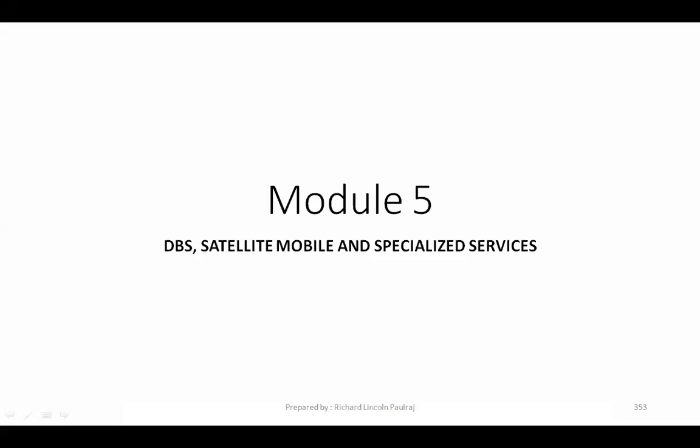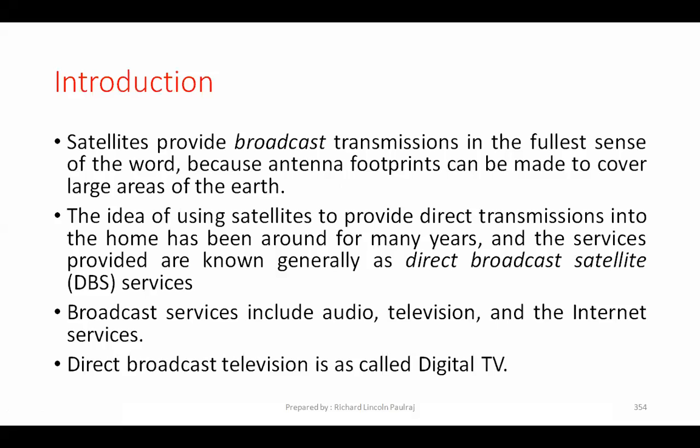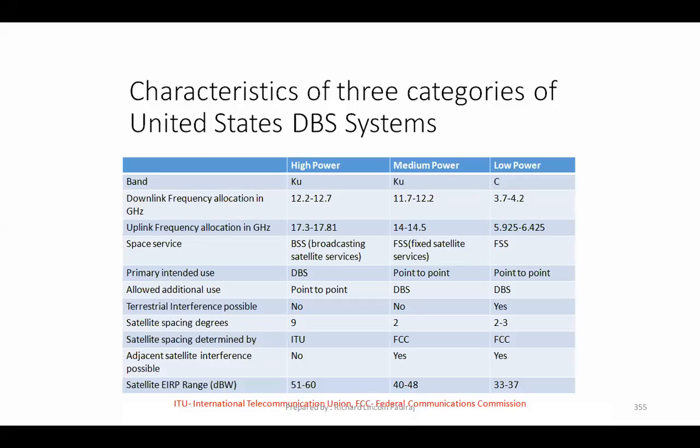So we have started looking into module 5, wherein we have discussed the applications of DBS, satellite mobile, and other services. We had started off with the introduction, and then we discussed the importance of satellite and the digital transmission technology.